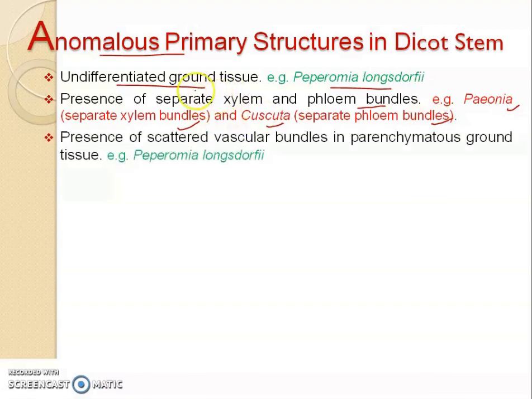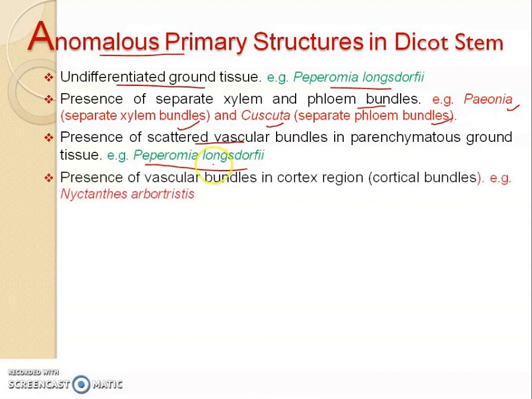Presence of scattered vascular bundles is the characteristic feature of a monocot stem, but here we are discussing the dicot stem. So the presence of scattered vascular bundles is also an anomalous primary structure. For example, in Peperomia. Presence of vascular bundles in the cortex region, and these vascular bundles are called cortical vascular bundles.